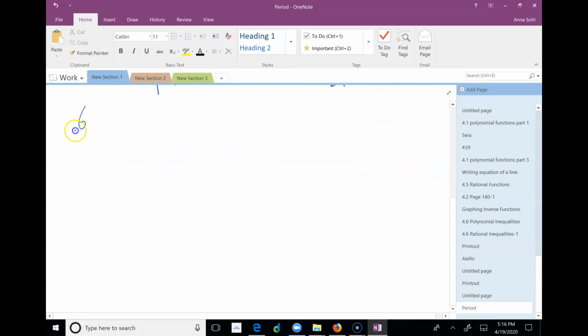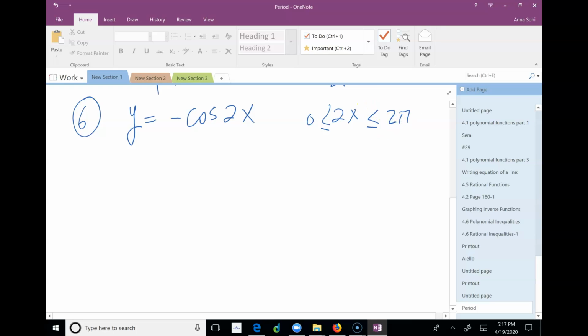Next question. Let's do number 6. Y is equal to negative cosine 2x. Again, you can think of 2x being between 0 to 2 pi, knowing that that's the period for regular cosine, but now you're dividing by 2.